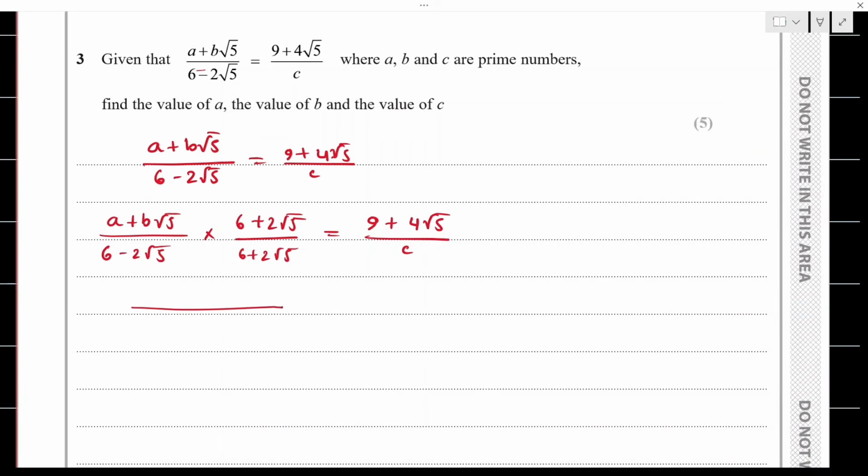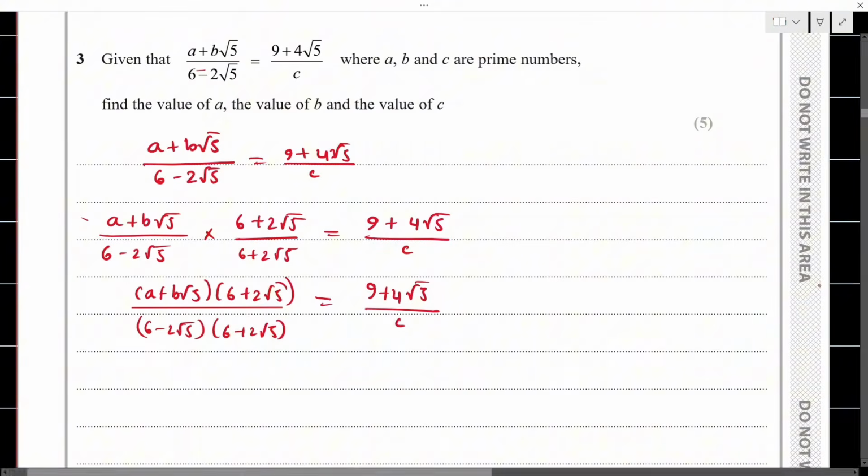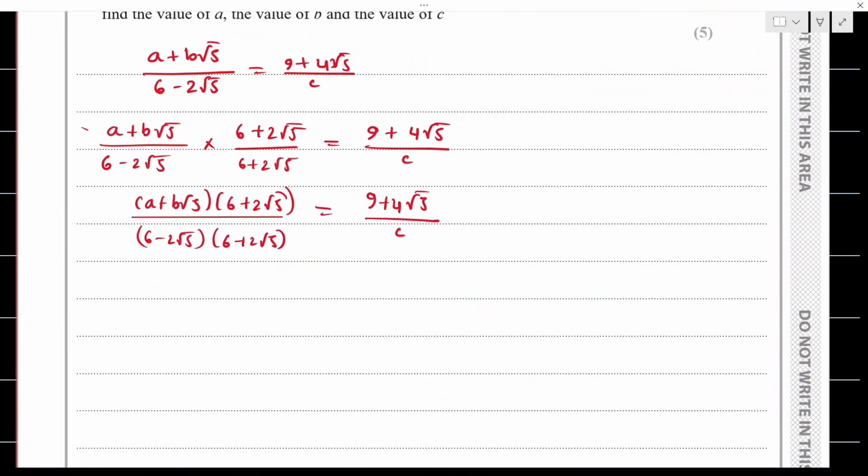So now I can multiply the denominators and the numerators with each other. And this gives us, when we expand the numerator, 6a plus 2a root 5 plus 6b root 5 plus 2b into 5.